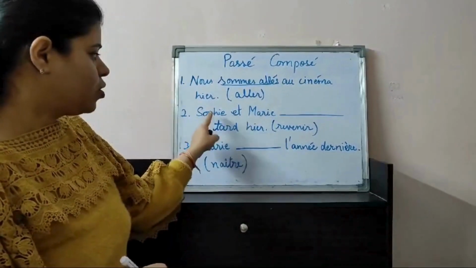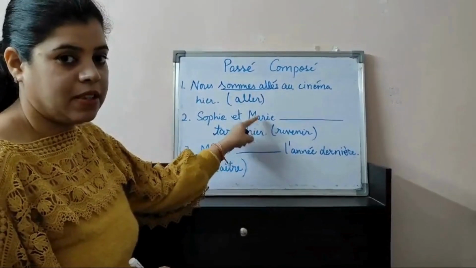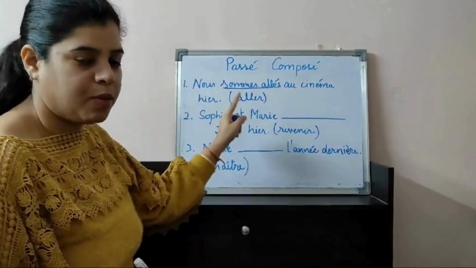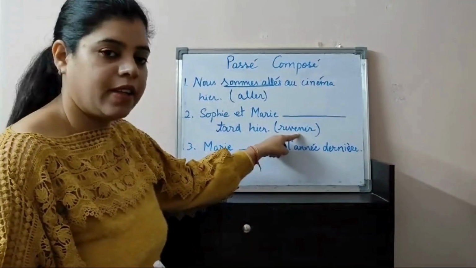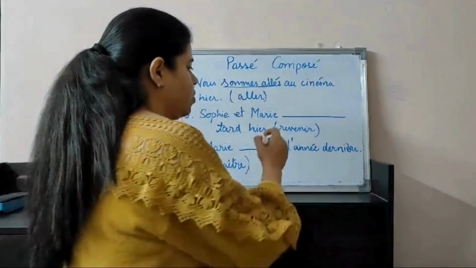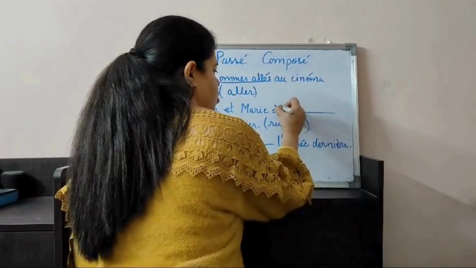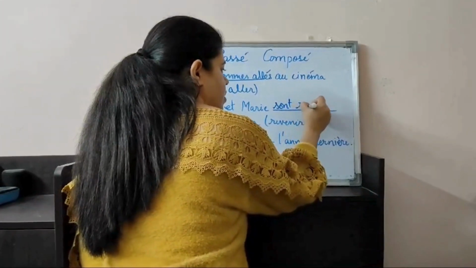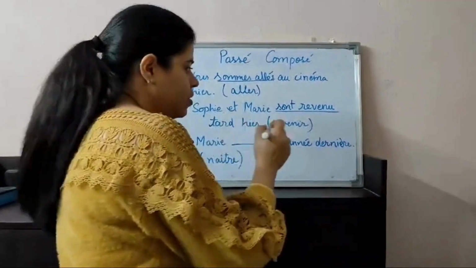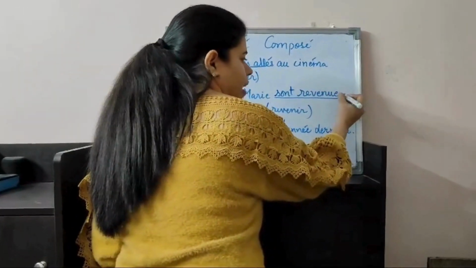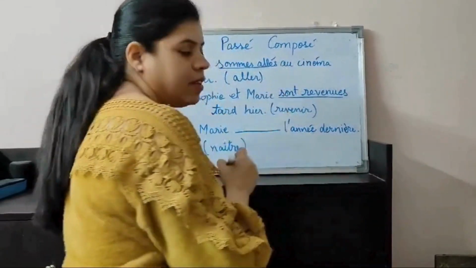In the next one, Sophie et Marie. That means both are feminine, plural subject. And the verb is revenir and the past participle of revenir is revenu. So this becomes sont revenu, and because both of them are feminine, we need to add e, and for plural we need to add s.